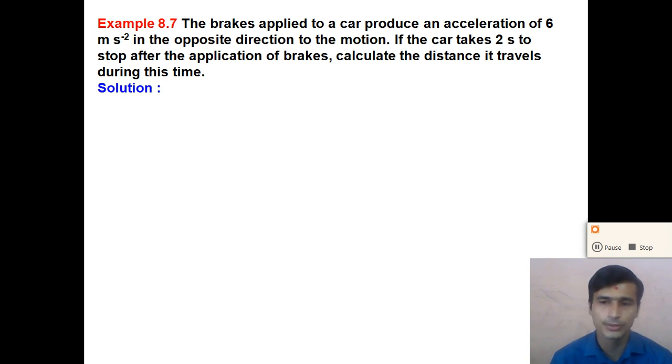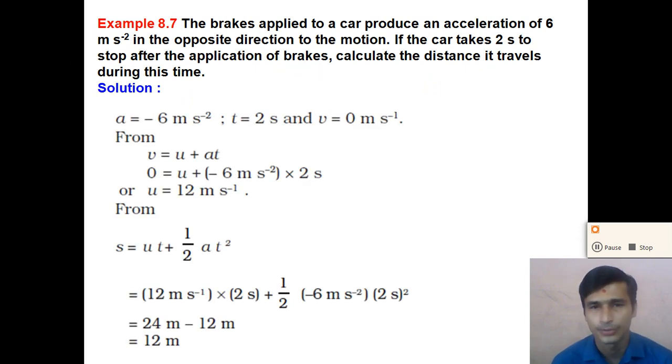So dear student, here given that the acceleration produced in the car is 6 meter per second square in the opposite direction. So we take the acceleration a is equal to 6 meter per second square and for the opposite direction we take a minus. t is given to you as 2 seconds and the car stops after the application of brake. That means the final velocity is 0, right?